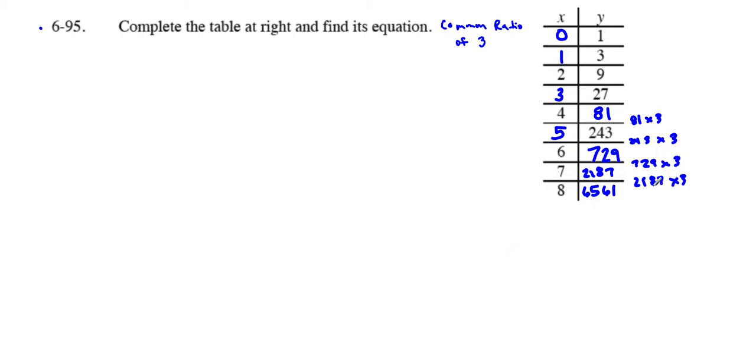I know this is exponential growth, so I'm thinking about a function something like y equals a times b to the power of x. Remember, a was the value of our y-intercept, and b was our multiplier, which is the same thing as our common ratio.